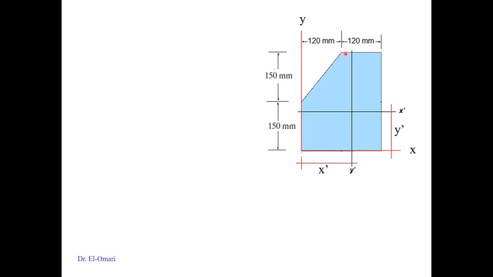Following is to divide this cross section into the common shapes where you know for certain the location of its centroidal axis. So you can divide it into this triangle and rectangle and another rectangle, or you can simply divide it into this big rectangle where you know the location of its centroidal axis exactly in the middle, 150 and 120, and then subtract from that the triangle where you also know the location of its centroidal axis, 1/3, 2/3 of that distance, or this distance.